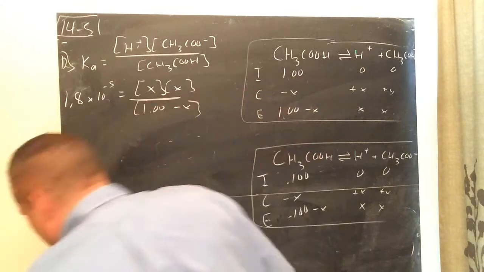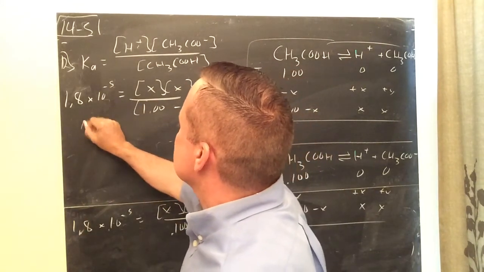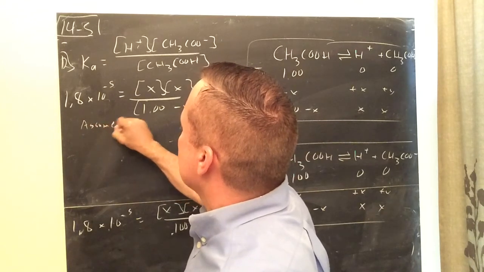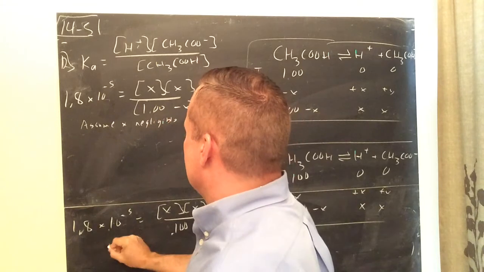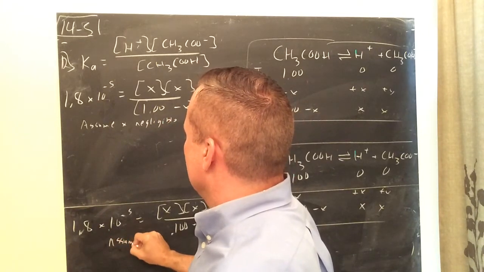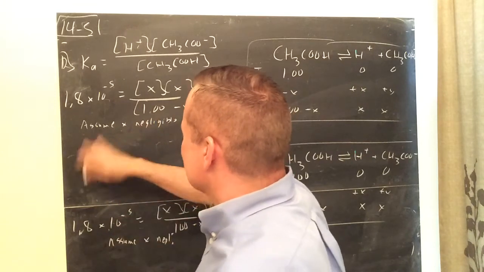I don't know if I have space to get all of it on there, but okay, so first what I'll do, assume x is negligible. For both of them. I wrote it twice.